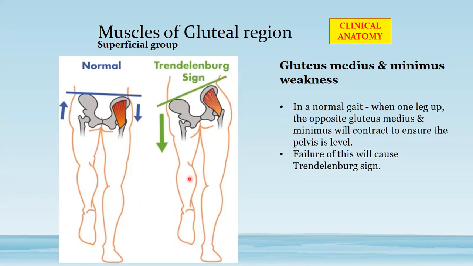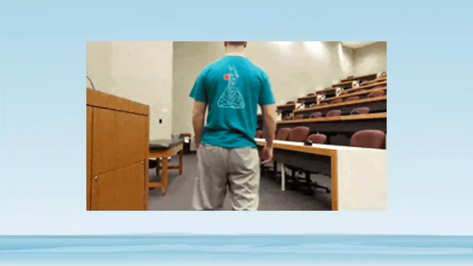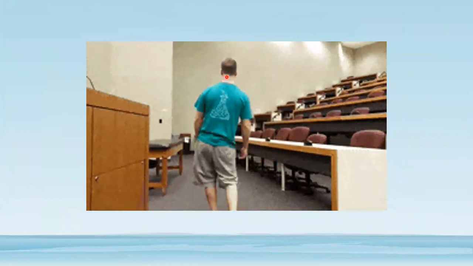So whenever the patient moves up the left leg, the opposite leg fails to contract its gluteus medius and minimus, and the patient will have this tilted pelvis. This is known as the Trendelenburg sign. Okay, this is a picture showing the positive Trendelenburg sign.